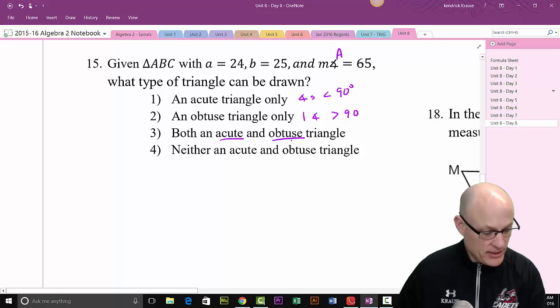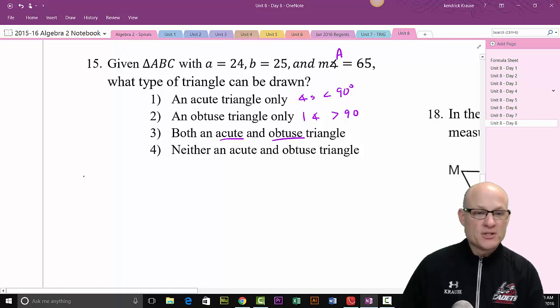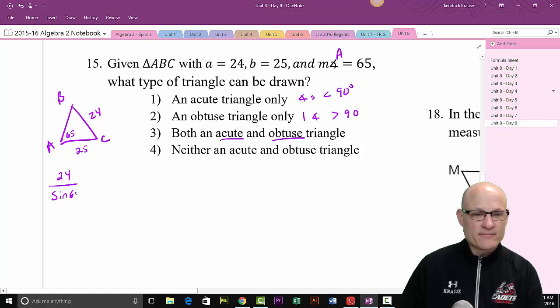So let's see what we got. Got a triangle. Call it A, B, C. Little a is 24, little b is 25, and this angle is 65. So we're going to use the law of sines. 24 over the sine of 65 is equal to 25 over the sine of b.